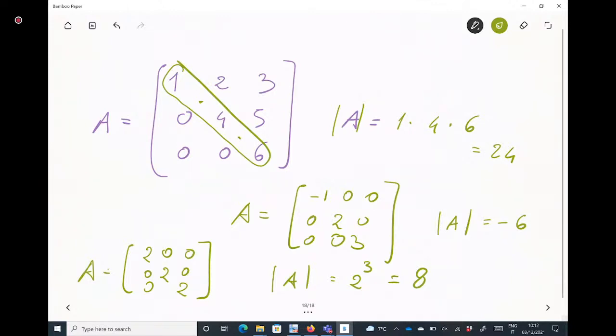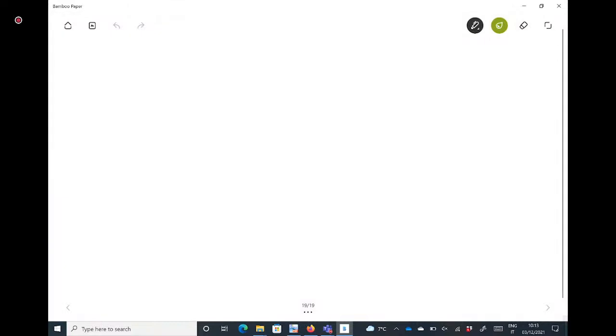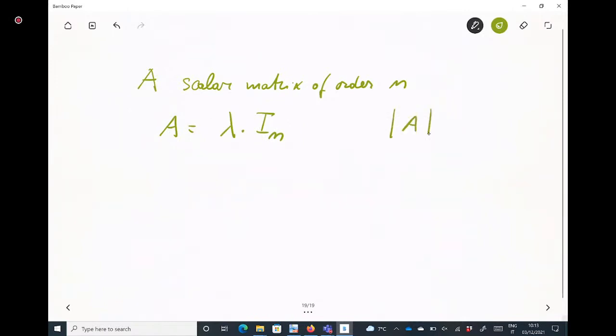So if I have a square matrix of order n, if A is a scalar matrix of order n, which means that A is equal to a scalar times the identity matrix of order n, the determinant of A is equal to the scalar to the power of n.